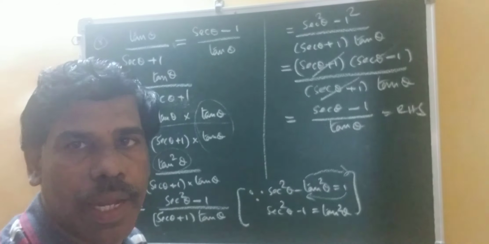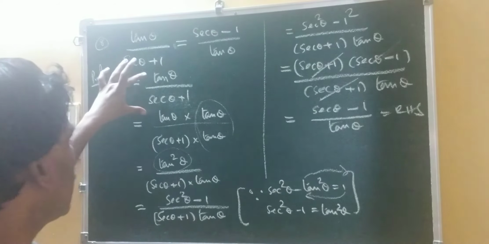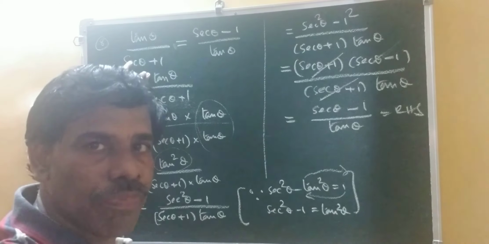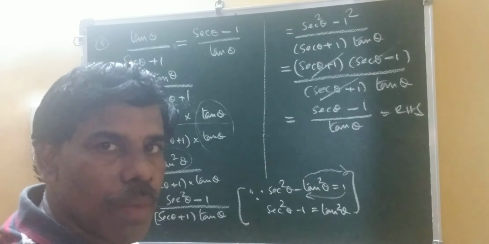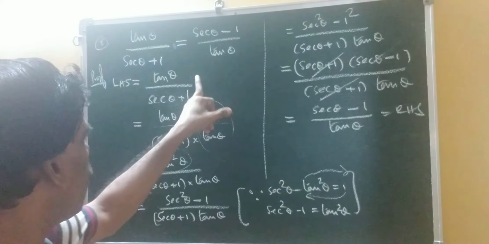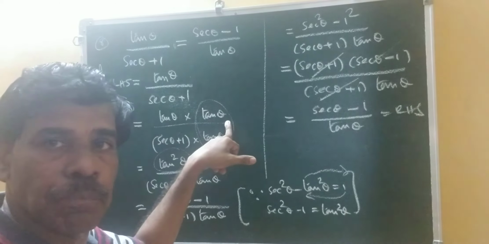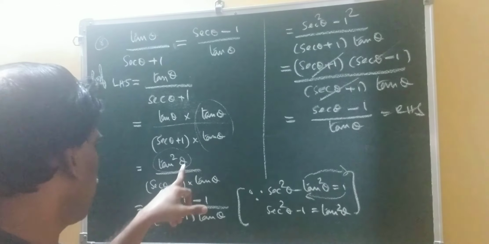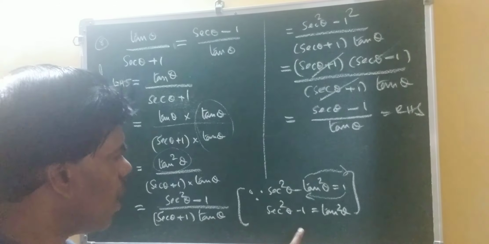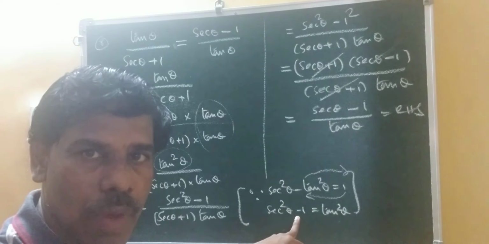So let me explain again what I did. See here, it is a typical sum, meaning a different type. Here I multiplied both numerator and denominator by tan theta. So I got tan square theta here. Tan square theta means what I wrote? Sec square theta minus 1.